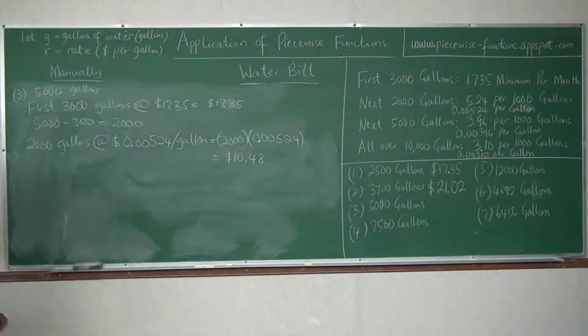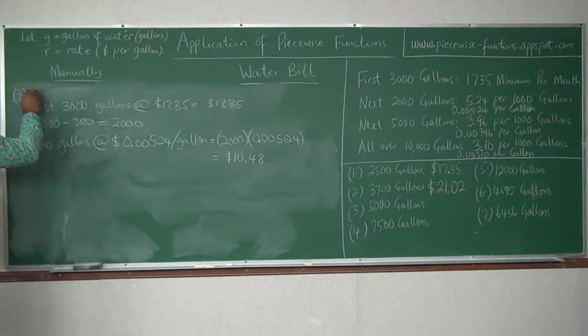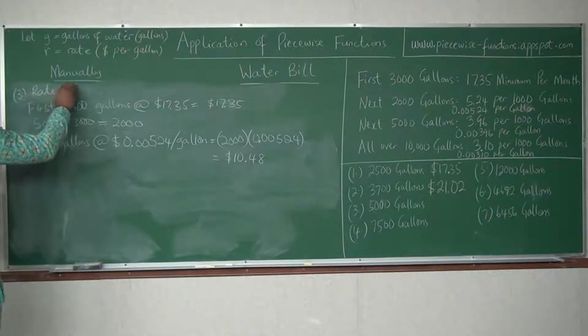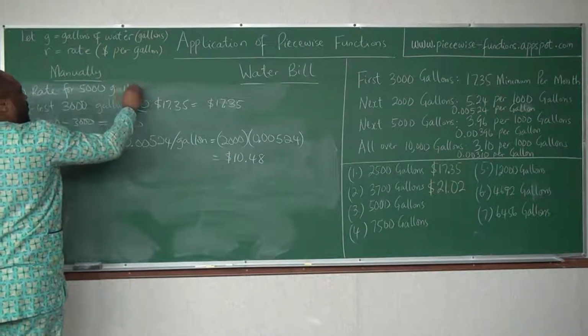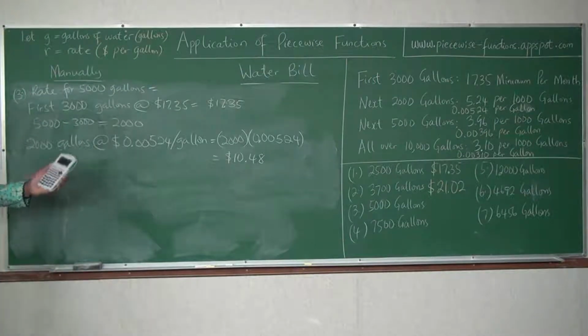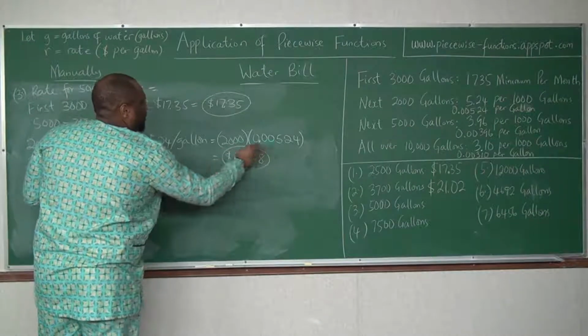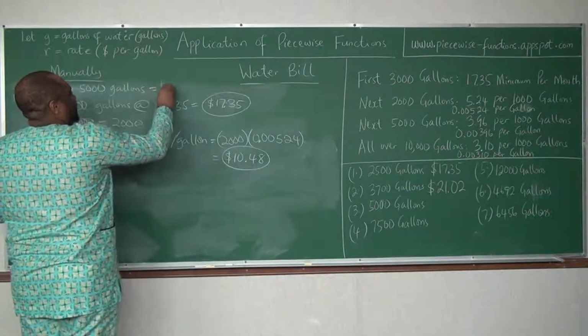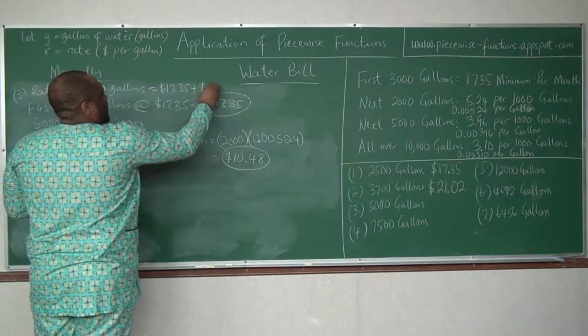So we now have that the rate for 5,000 gallons would be 17.35, that is this, plus 10.48.